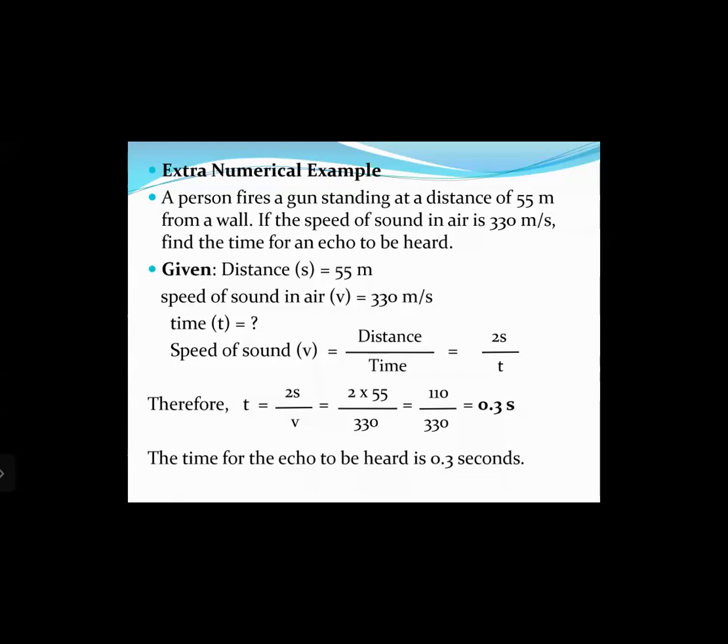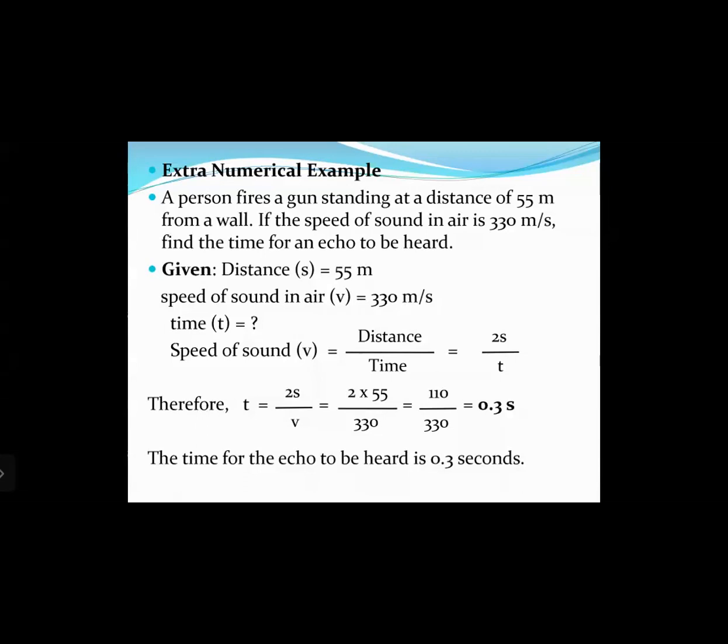So we know speed of sound equals distance upon time. Right? Now, look at the value for distance that we have taken. The distance we have taken as 2s. Now, why 2s? Again, as in the previous example, the sound has to travel from the person up to the wall and from the wall back again to the person. That is double the distance. So we have taken 2s upon the time t. Right?